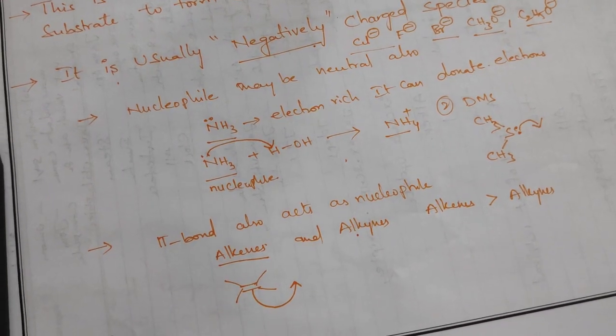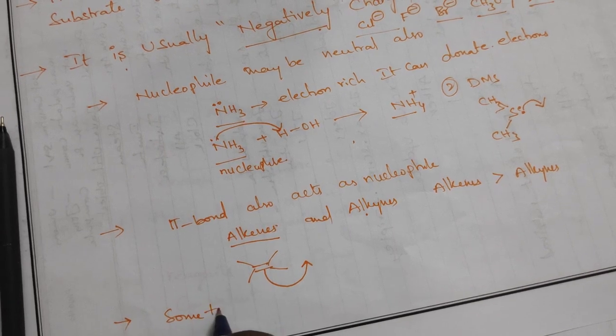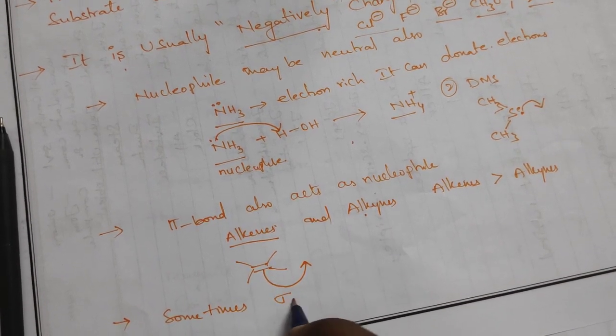The final type of nucleophile is sometimes a sigma bond.